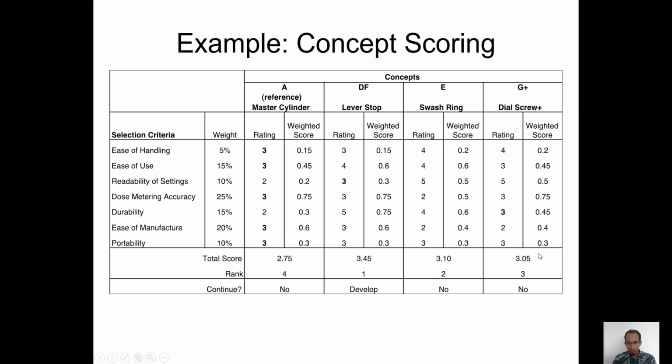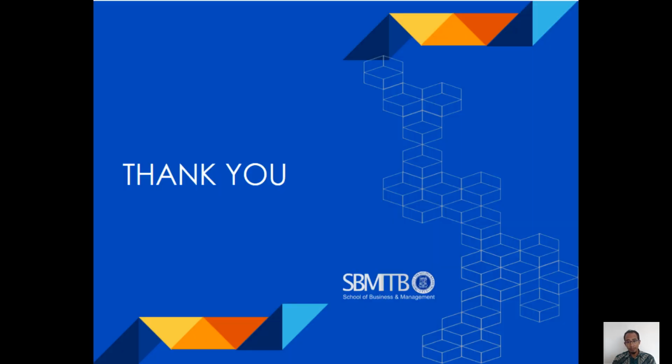From these 4 available concepts, we will have the DF concept as the highest with 3.45. So we will go on with DF because it has the highest score, and we will continue to develop it, and we will leave out the other 3 concepts.